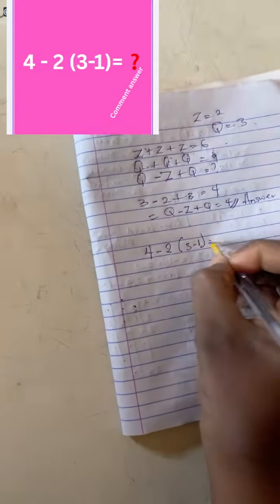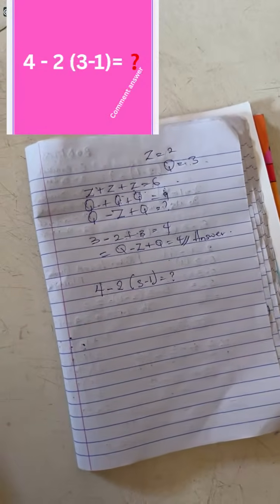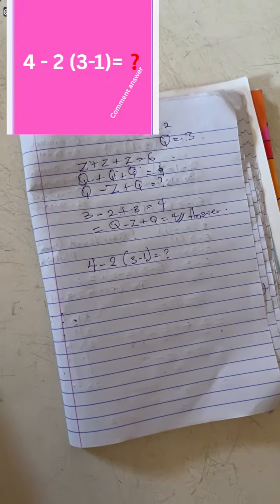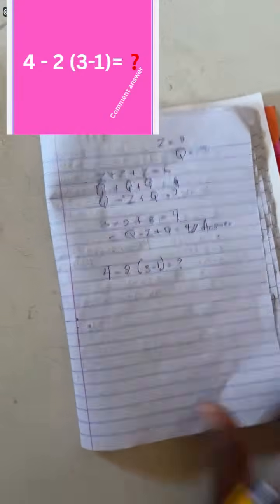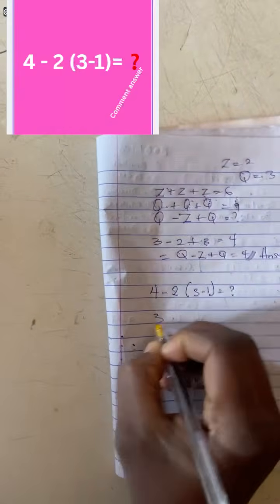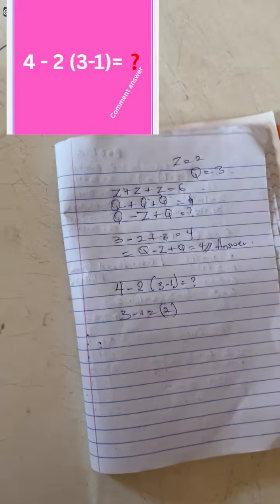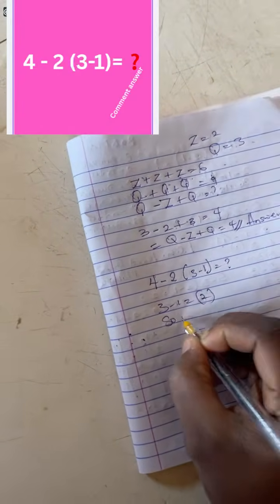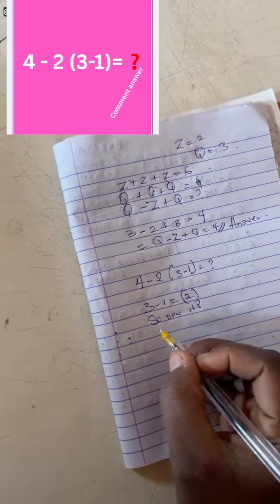3 minus 1 equals question mark. What are we going to do here? We'll start with 3 minus 1 equals 2.